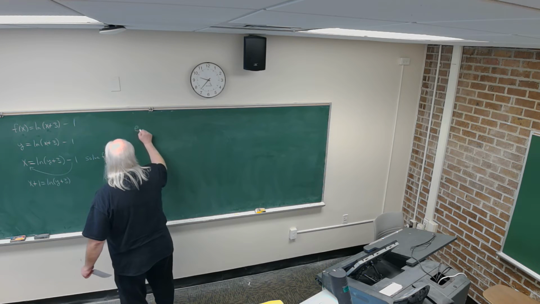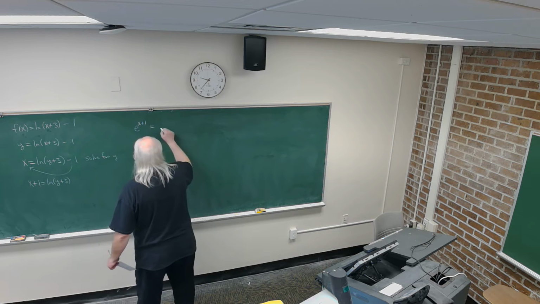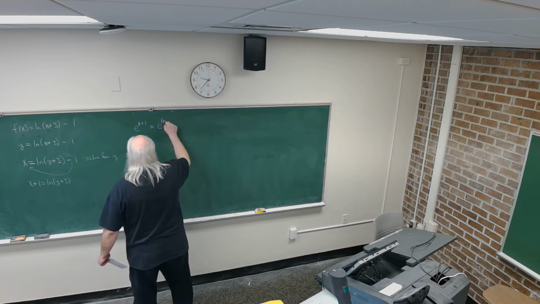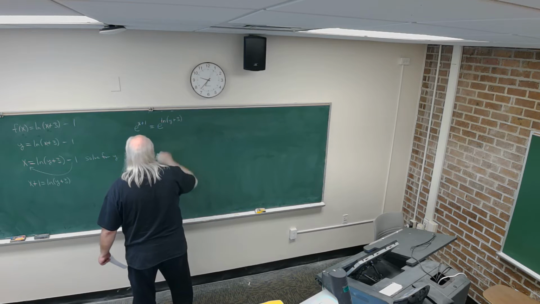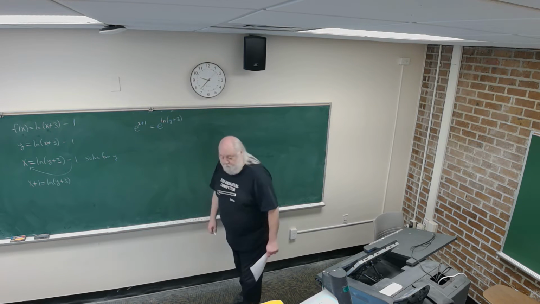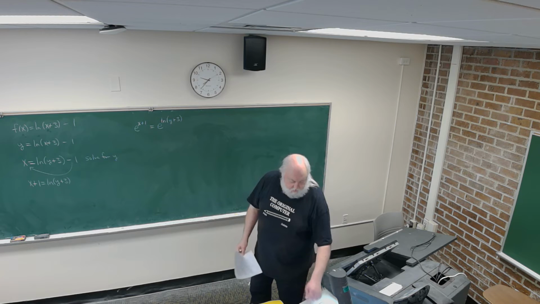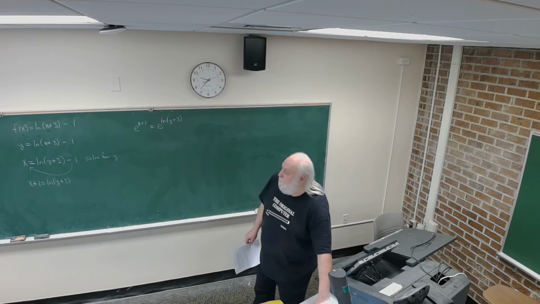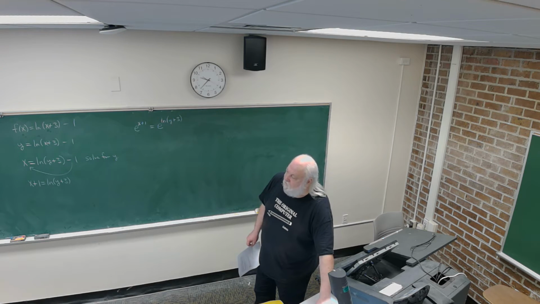And we have e raised to the x plus 1 is equal to e raised to the natural log of (y plus 3). And now on the right hand side, you know the property for the natural log function: the natural exponential function and the natural log function are inverse functions of each other.